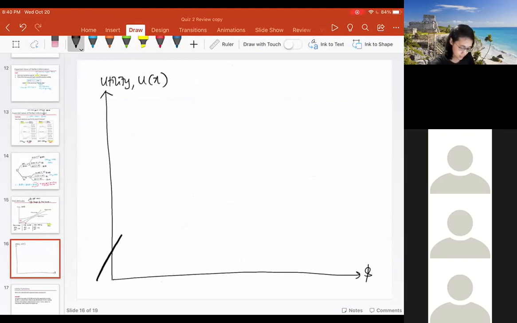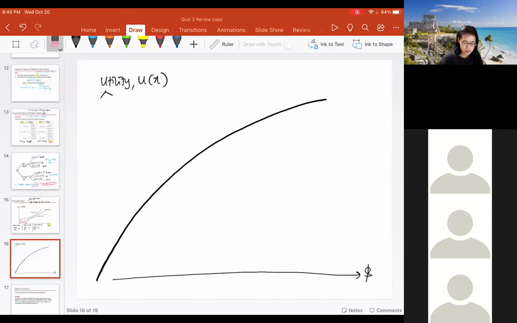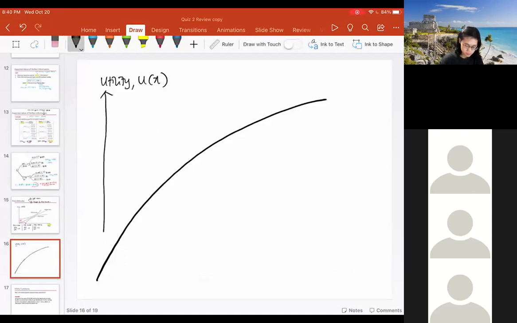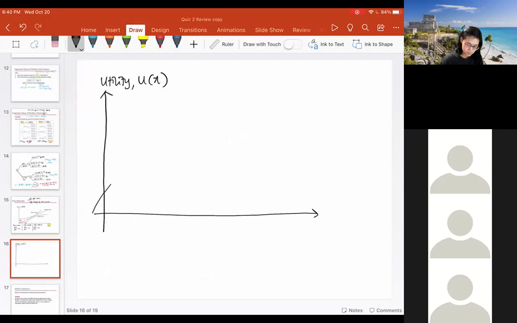And you have this arbitrary curve. Let me make these axes a little shorter so I have space. This is just an arbitrary graph: dollar amount, or your return on investment, however you want to think about it.